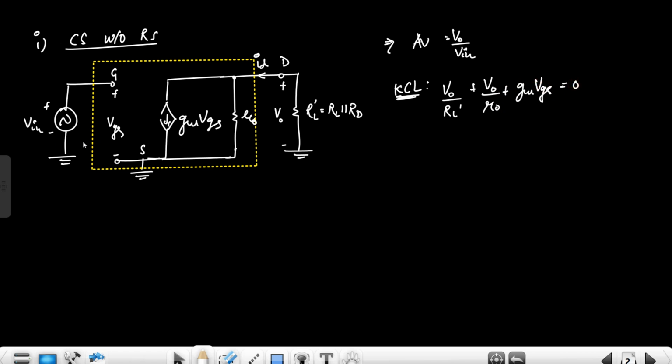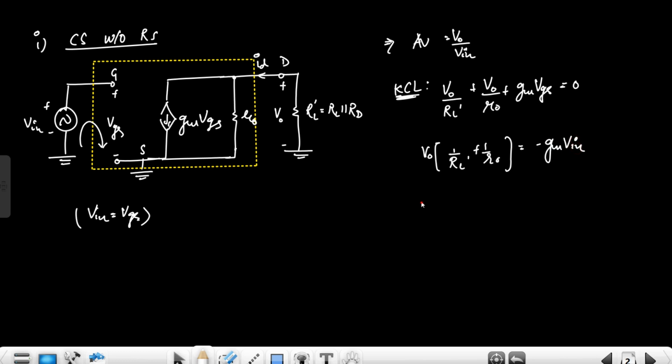VGS in terms of VIN: VIN is equal to VGS. So V0 times (1 upon RL dash plus 1 upon R0) is equal to minus gm VIN.